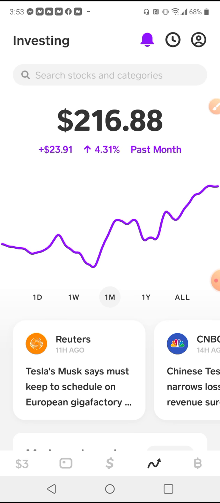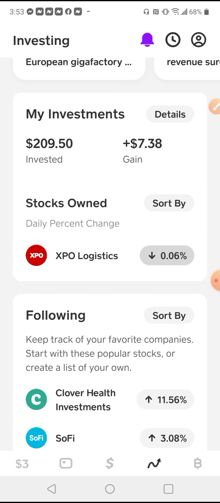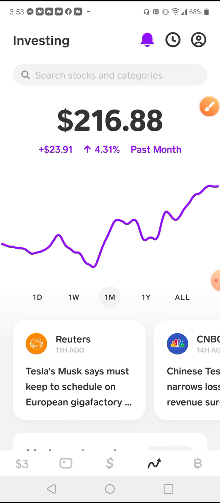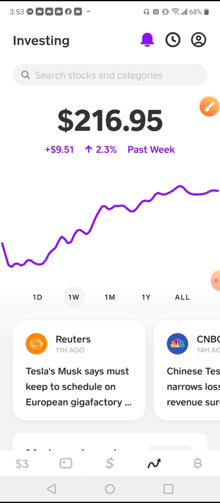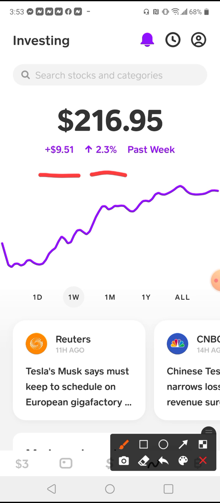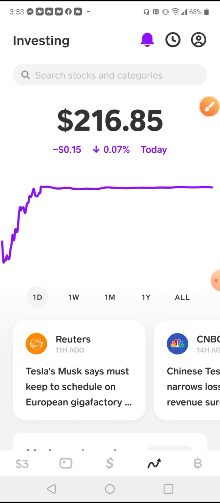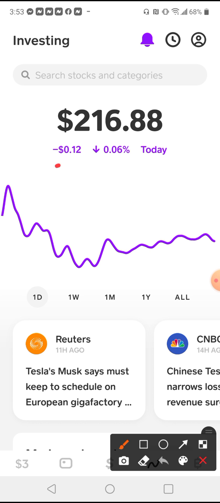All right, understanding the behavior. So right now you guys see that for the past month, the account is up $23, representing 4.31%. Going back to the week, the account is up $9, representing 2.30%. Going to the day, the account is down negative 12 cents, representing down 0.08%.